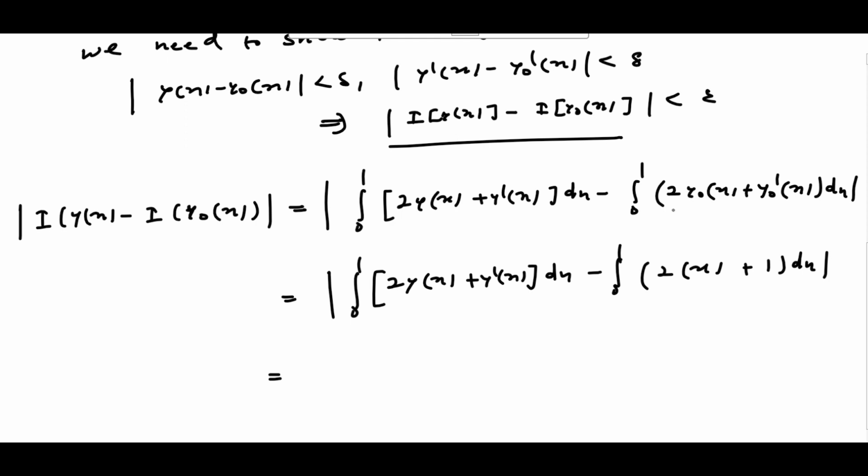By using the algebraic property of the definite integral, taking 2 as common, we get the integral from 0 to 1 of 2 times y of x negative x plus y dash of x negative 1 dx.